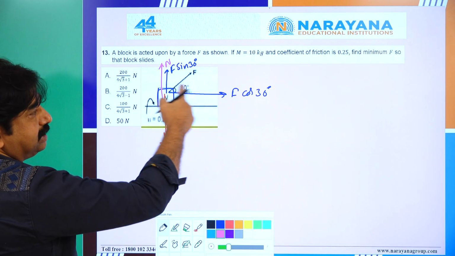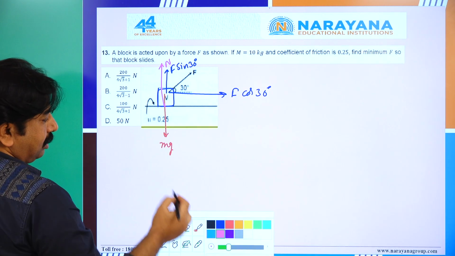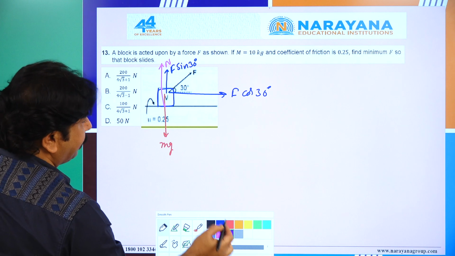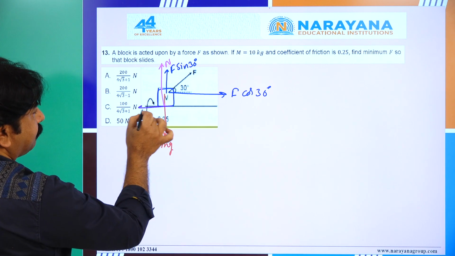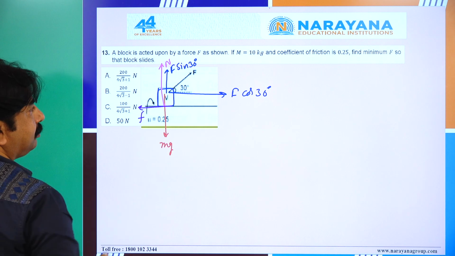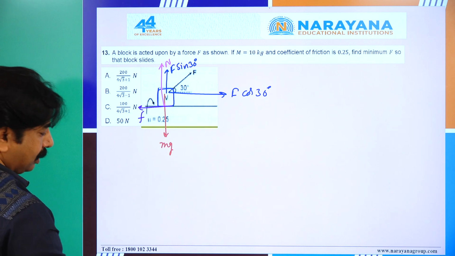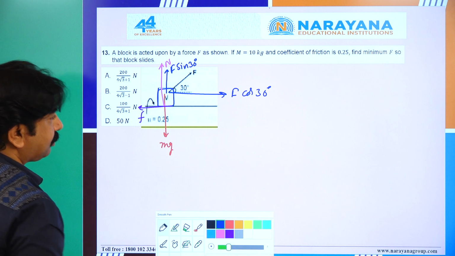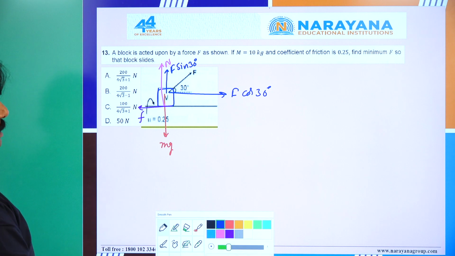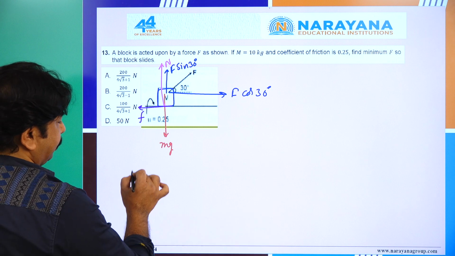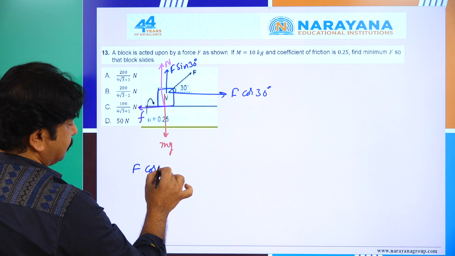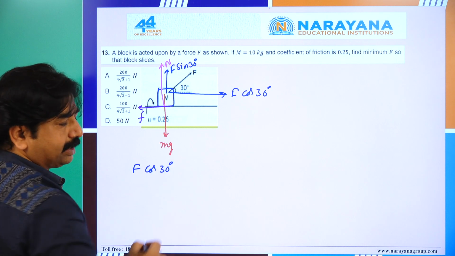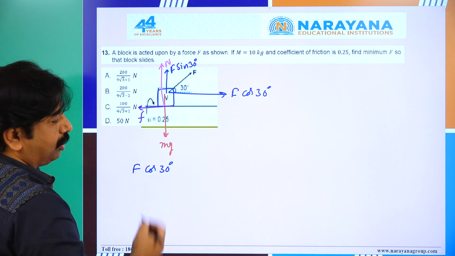So here the tendency of this one is in this direction. The friction force on this one should be in the backward direction. Now, already we know the conditions. F cos 30, that is the horizontal tending force acting on the block.